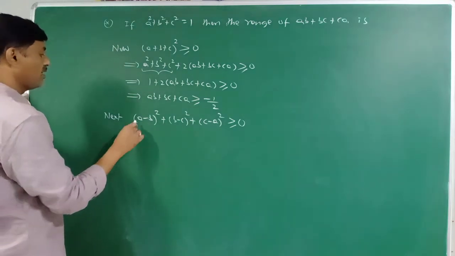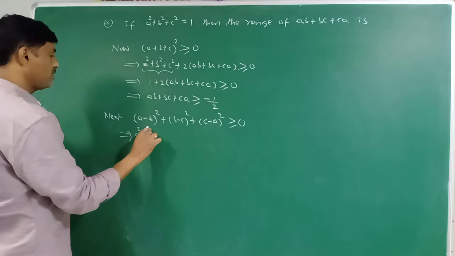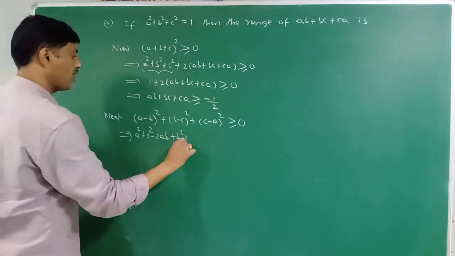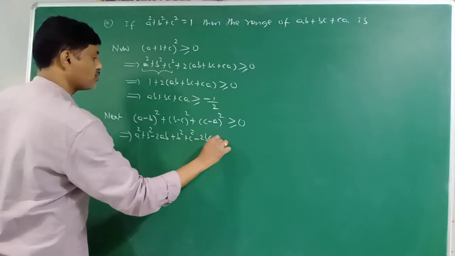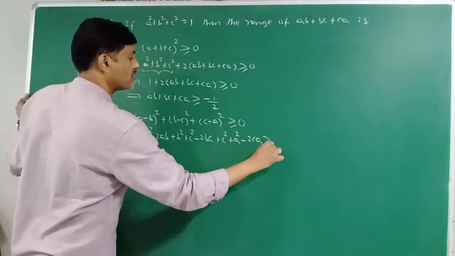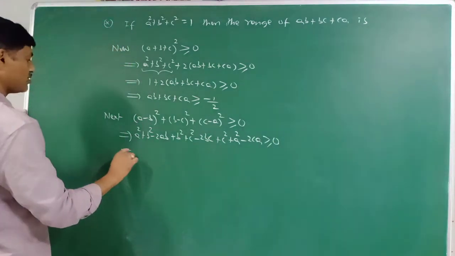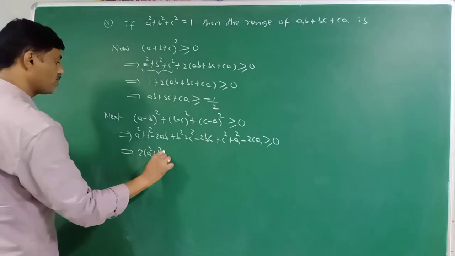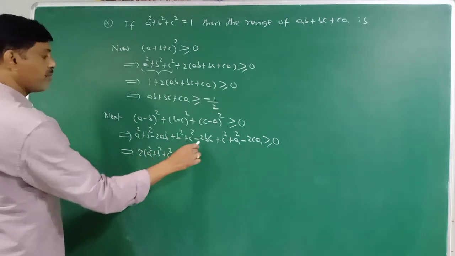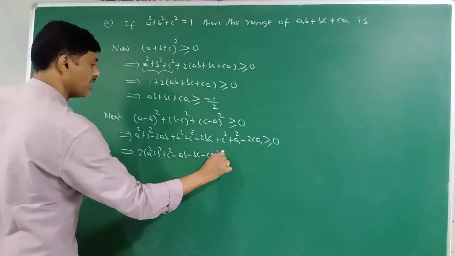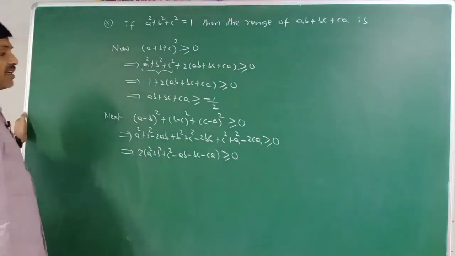Once you expand, a² + b² − 2ab, plus b² + c² − 2bc, plus c² + a² − 2ca is greater than or equal to 0. Here we get 2 times (a² + b² + c²) minus 2ab minus 2bc minus 2ca, which is always greater than or equal to 0.